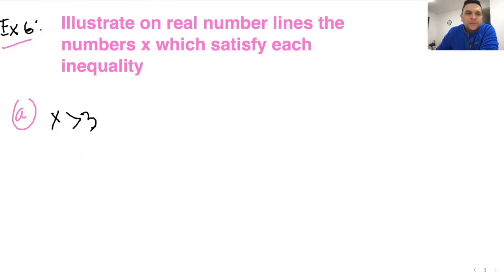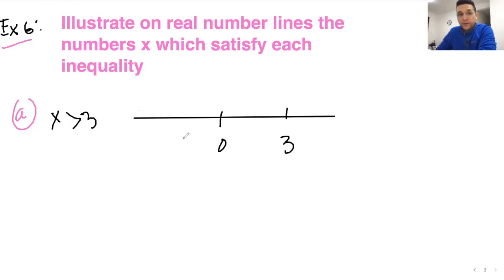So this is x greater than 3. So we're going to draw our number line. We're going to locate number 3. 0 for reference, and then I have 3 here. And then the numbers that satisfy this inequality are going to be greater than 3. So you can do it on the number line, but I like to draw it right above the number line. It's my personal preference.